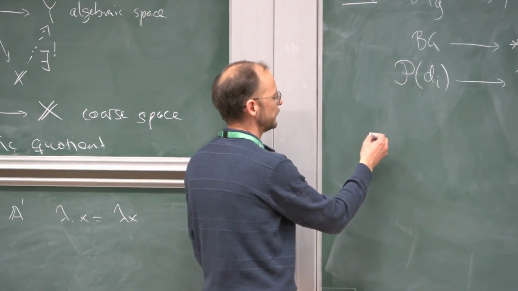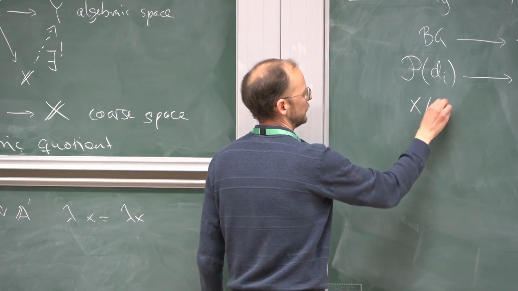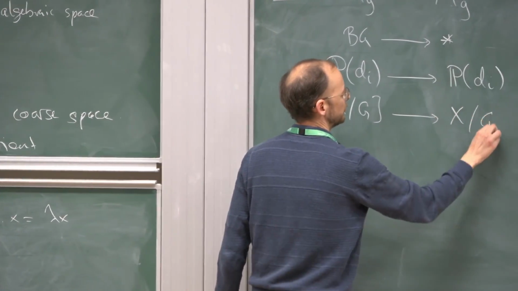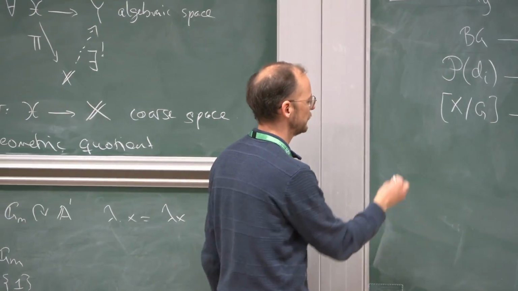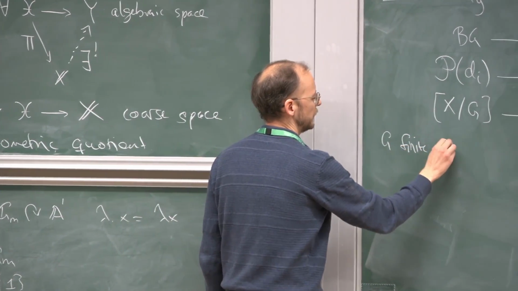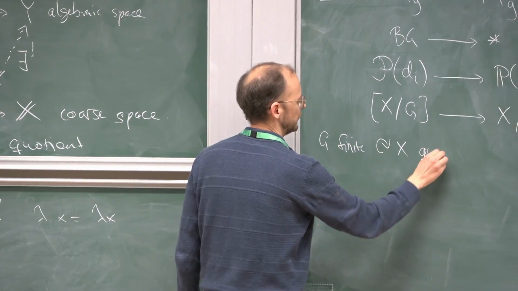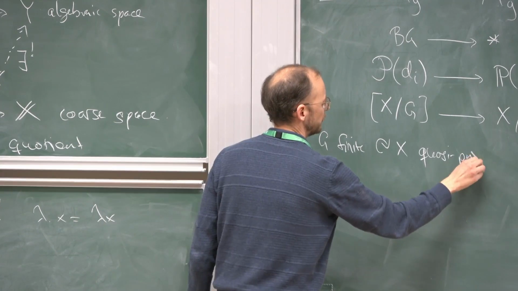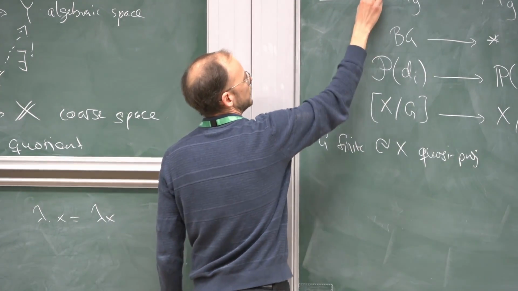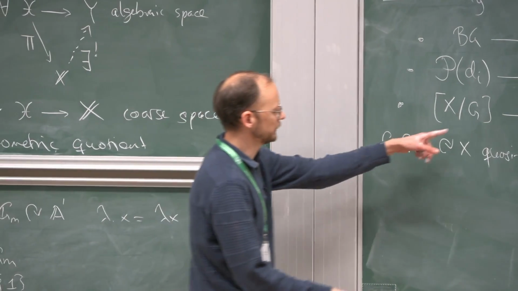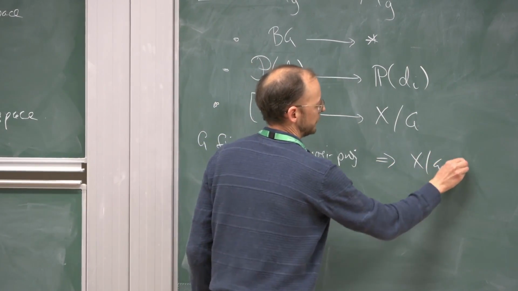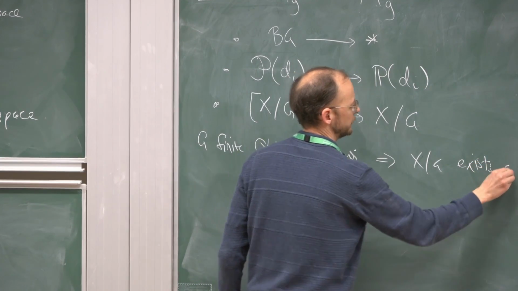If I have certain quotient stacks, I can take the quotients, and this works if, for example, G is finite and acting on X quasi-projective. Then this exists, and this is quasi-projective.